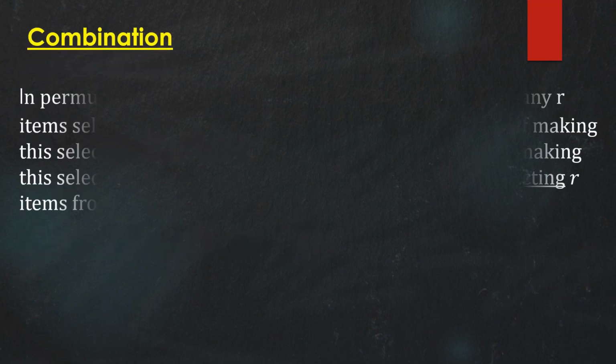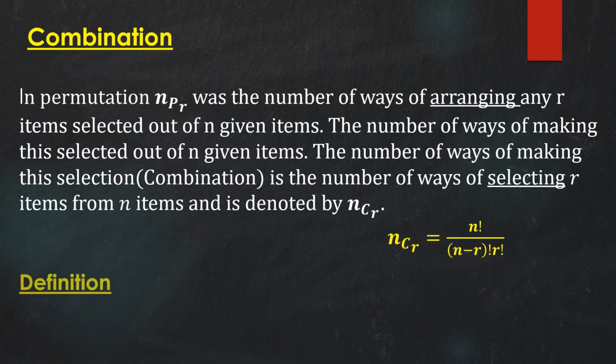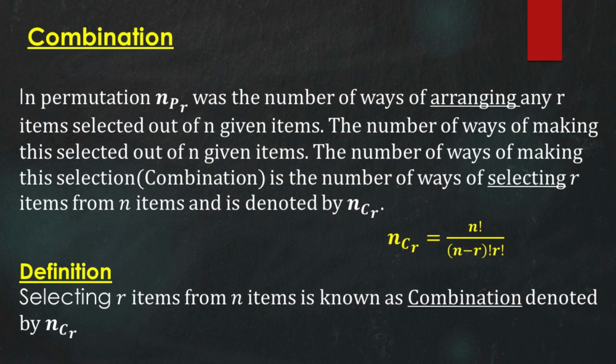In permutation, nPr was the number of ways of arranging any r items selected out of n given items. The number of ways of making this selection, the combination, is the number of ways of selecting r items out of n items and is denoted by nCr.